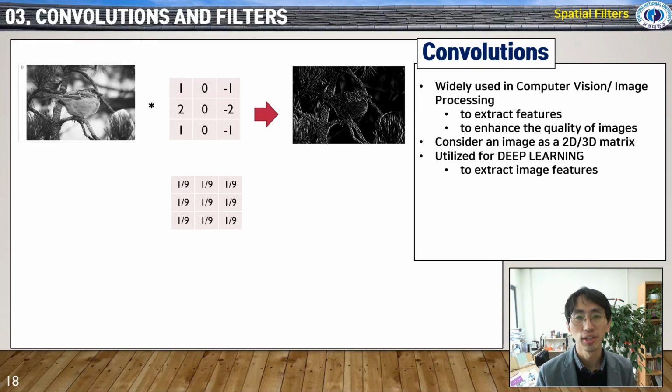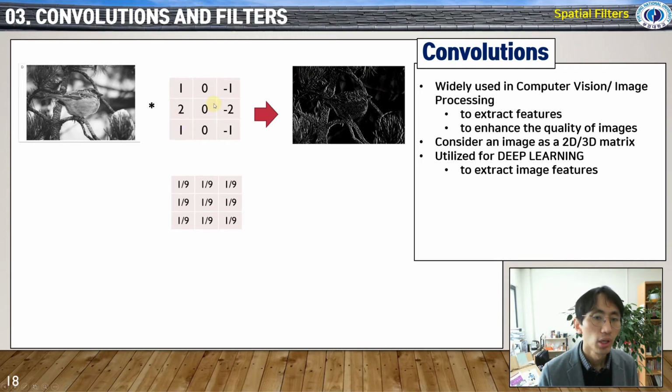We call this kind of deep learning academically a convolutional neural network, one type of deep learning model, CNN. Inside the CNN, we use lots of convolutions. Using the convolutions, we can change the images into a new form of images.